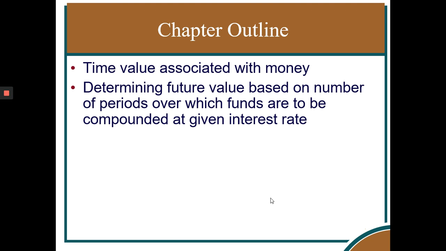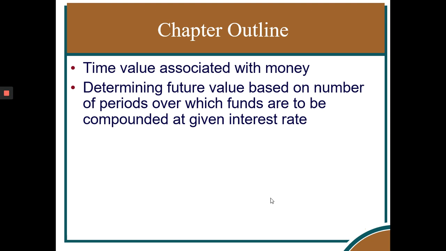You can use this second point as the definition for future value: determining future value based on the number of periods over which funds are to be compounded at a given interest rate. So how do you forecast the future value of your money?